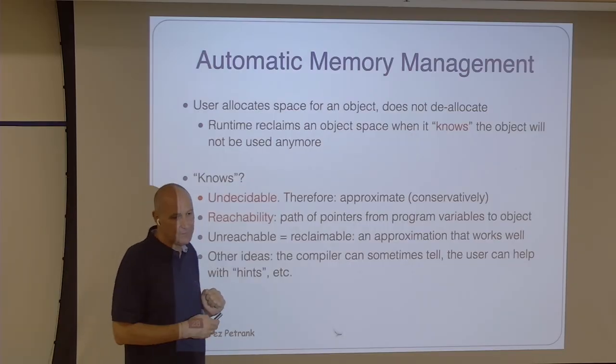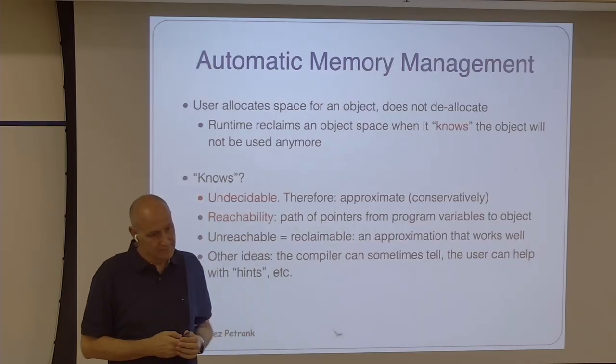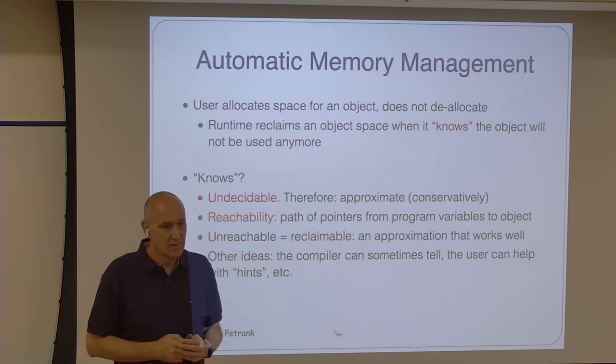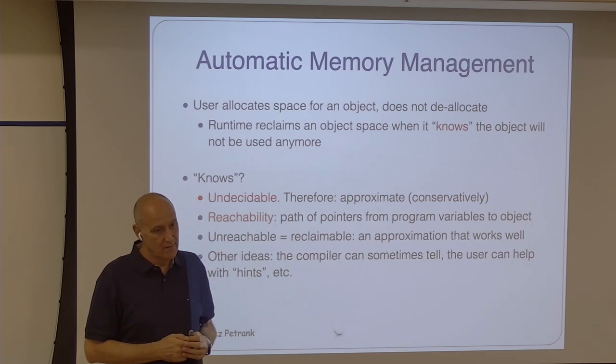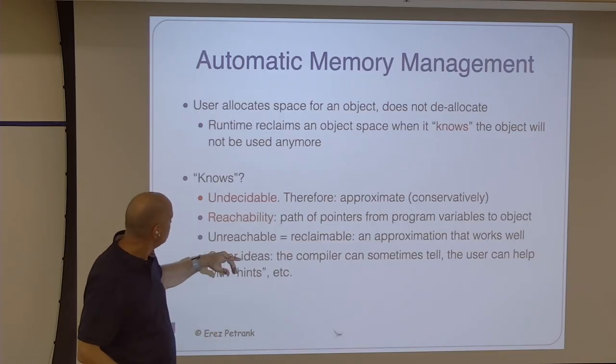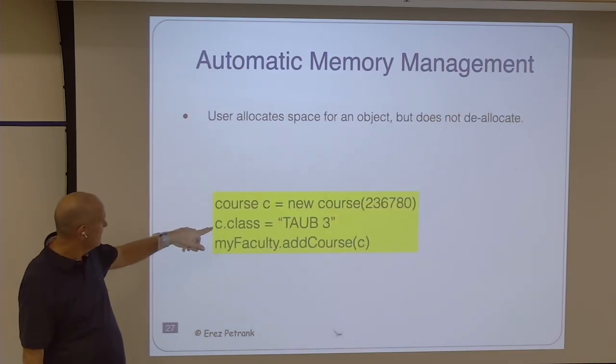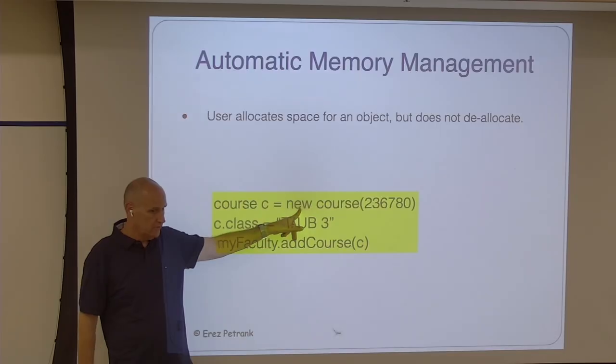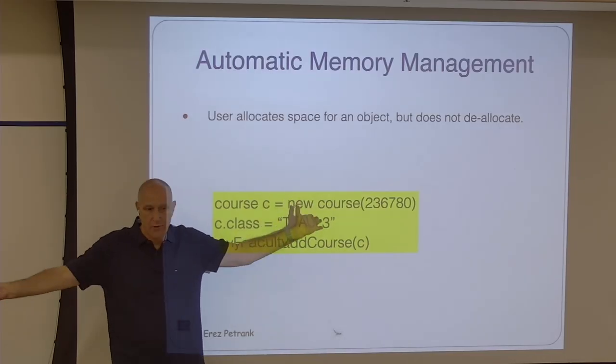When is the memory allocated, and how is it implemented? The allocation happens here: when I say give me a new object, it's allocated. This is where the allocator comes in, but there's no free.